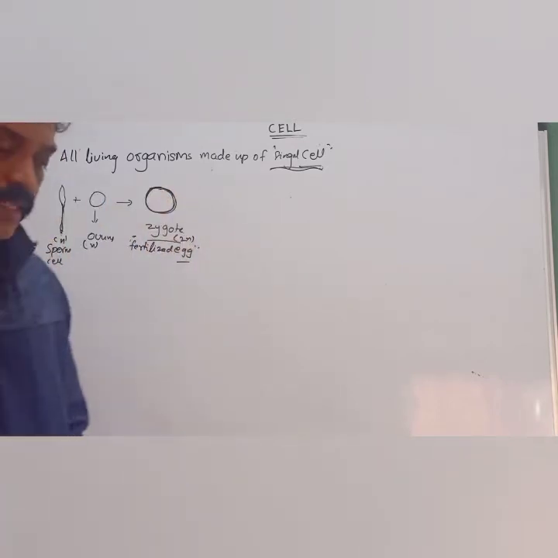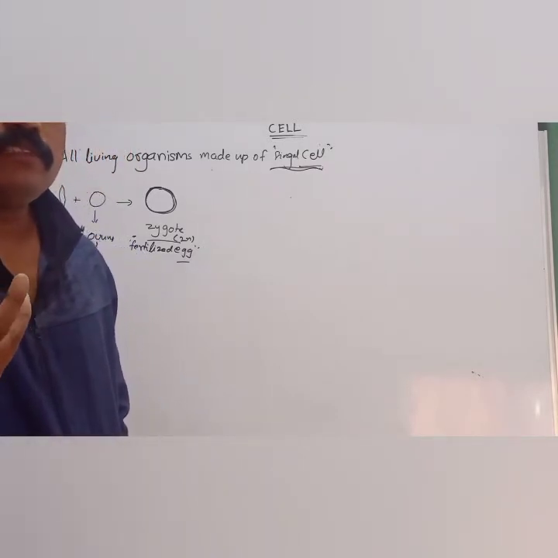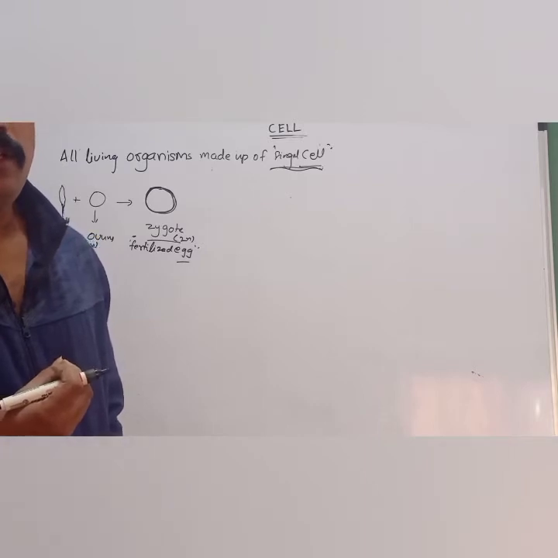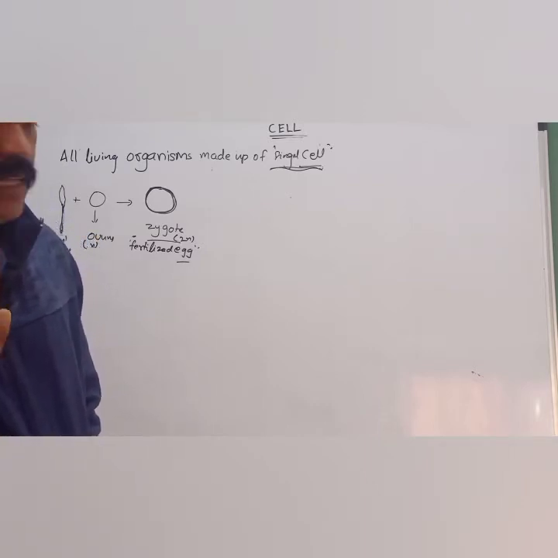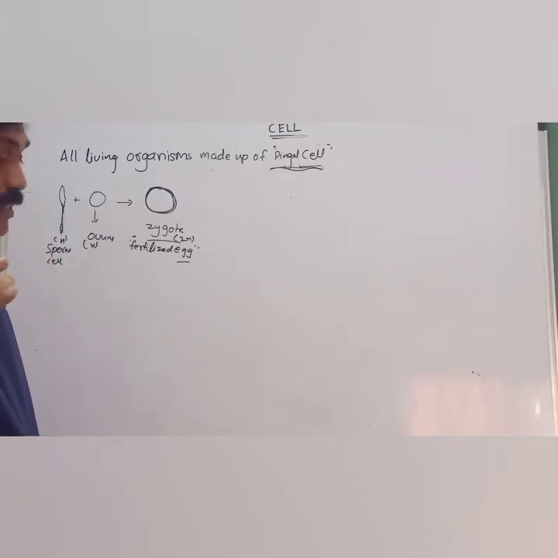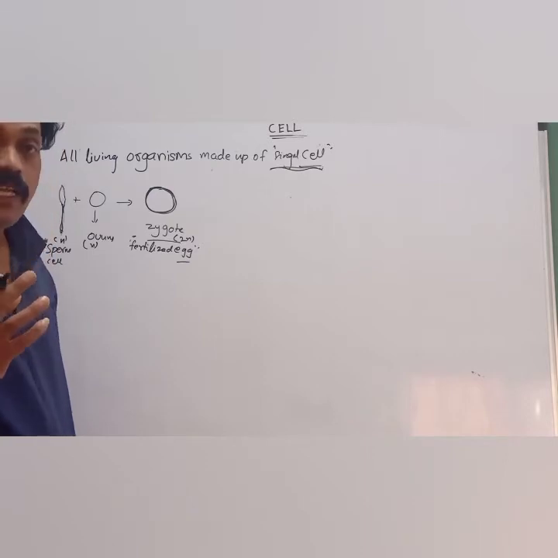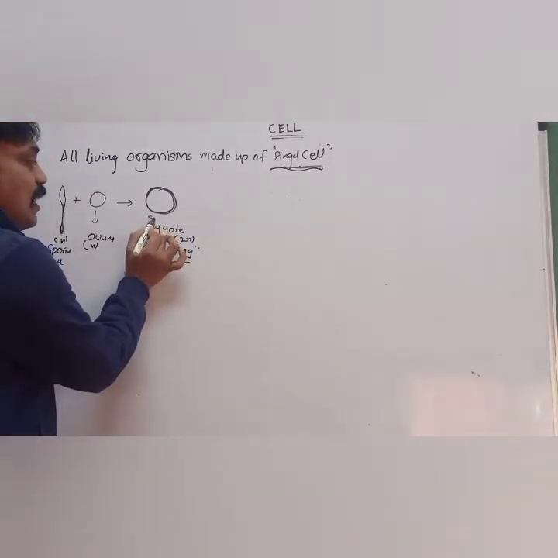Every day we are eating eggs. That egg is nothing but what? Cell. Single cell. Whatever we are eating, a hen egg, that is nothing but a cell. That is a zygote, nothing but we can call a fertilized egg. That is a single cell.